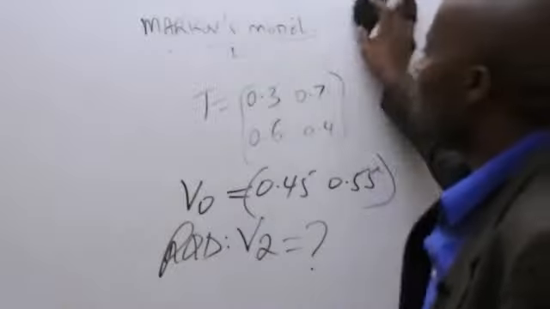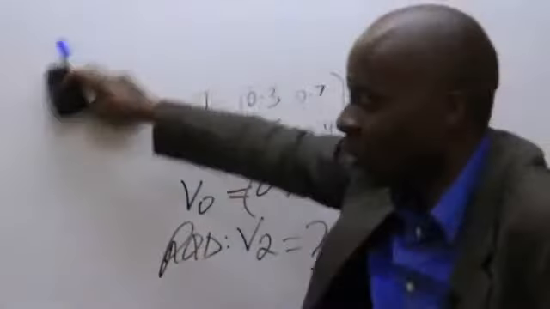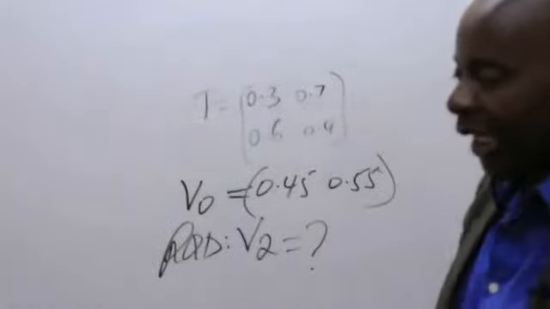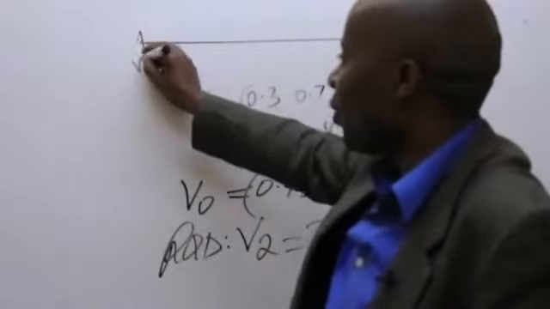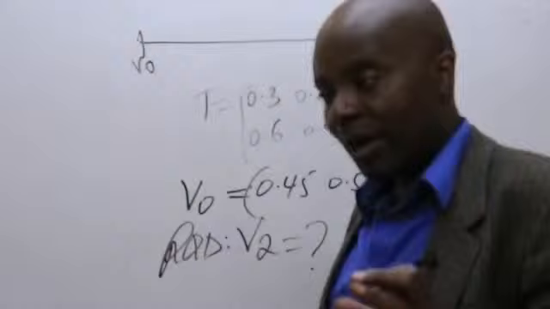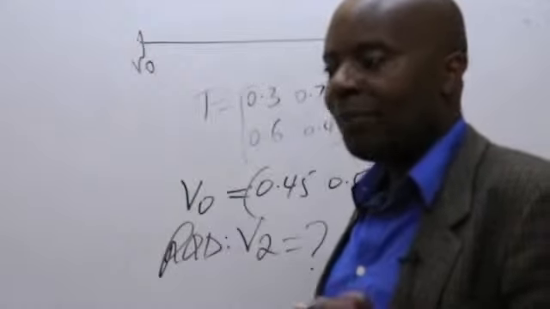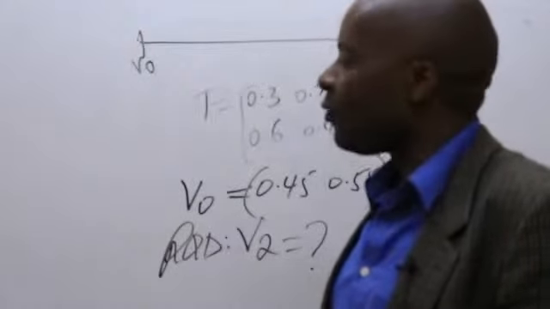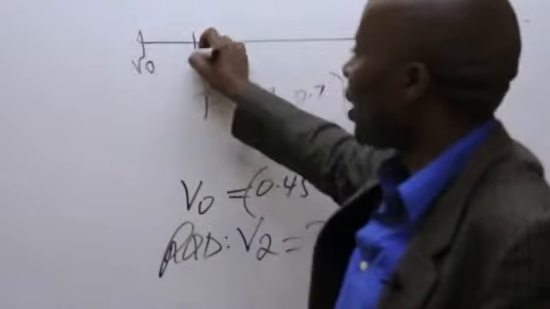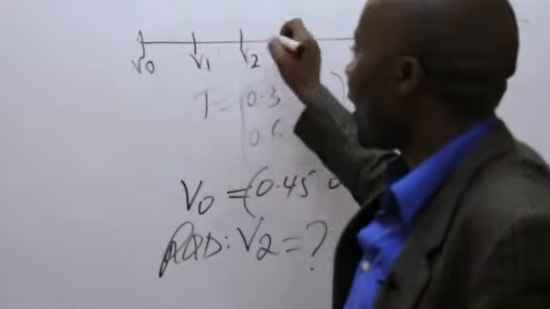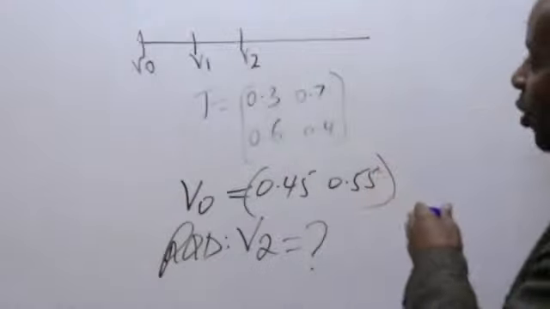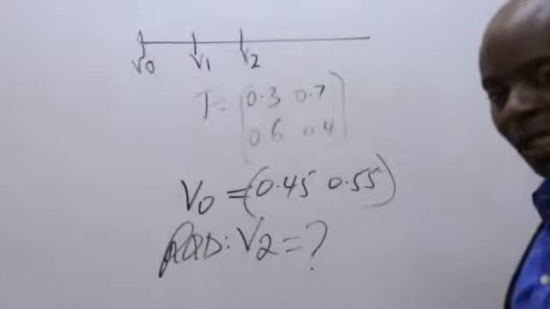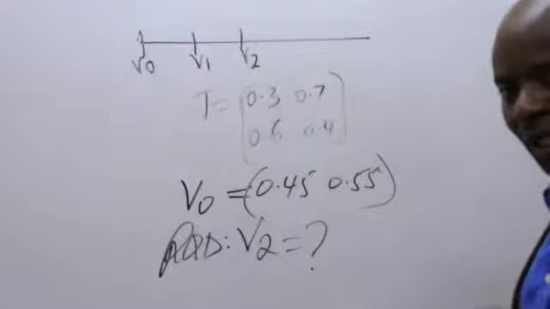This is very easy, ladies and gentlemen. Remember the Markov chain link. It normally starts from vector 0. Remember the assumptions of Markov. We normally begin from vector 0, and after vector 0 we go to vector 1. Then from vector 1 we can go to vector 2 and other vectors, moving along the chain.